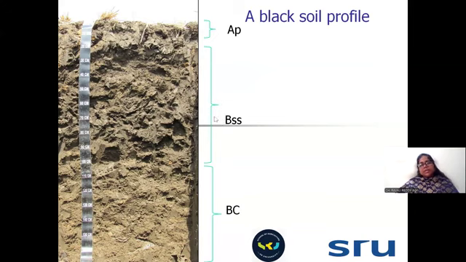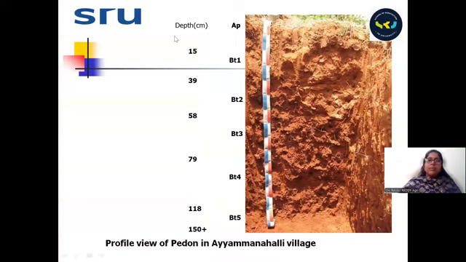Then capital B, this is nothing but subsoil. It is followed by small s. That means they are telling us that in subsoil there is abundance of slickensides presence. Then capital B and capital C is the transitional layer between B horizon and C horizon. Similarly, one more example for red soil also.